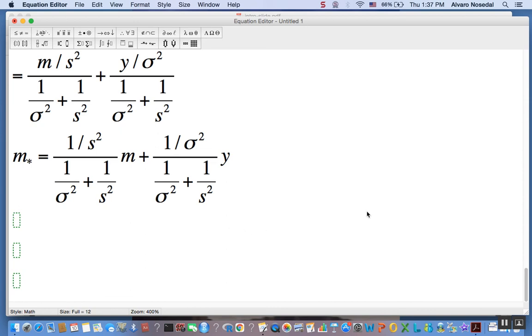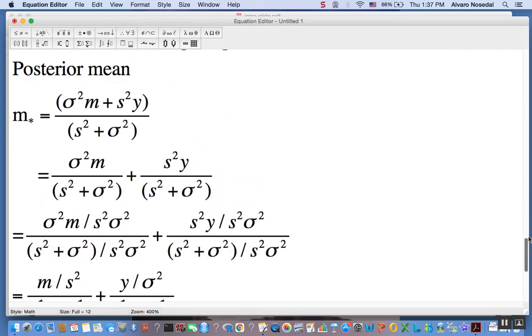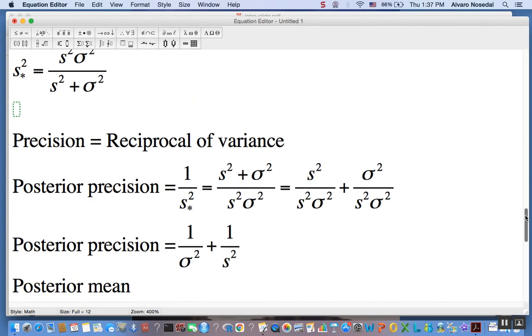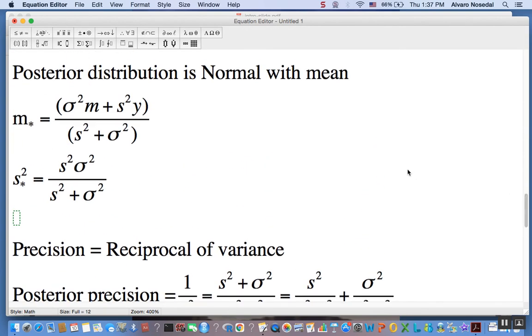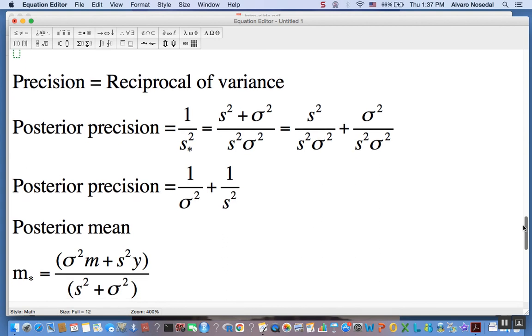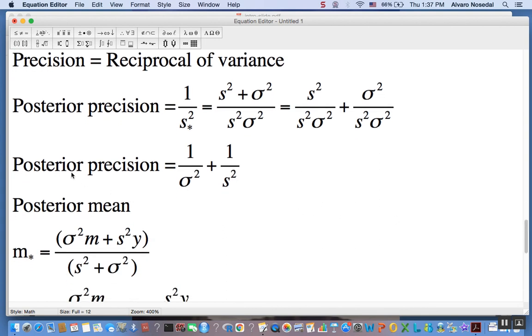So it's so much easier to remember this than trying to do all the algebra again to come up with the expressions for these parameters of your posterior. Okay, so let's summarize what we have here. That's the point of this video. Your posterior precision happens to be prior precision plus observation precision, right?